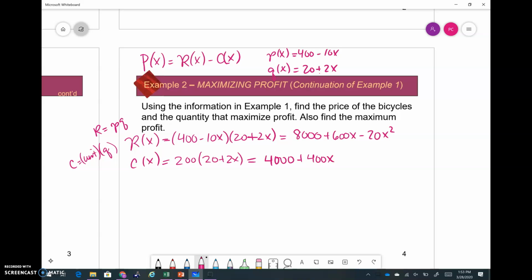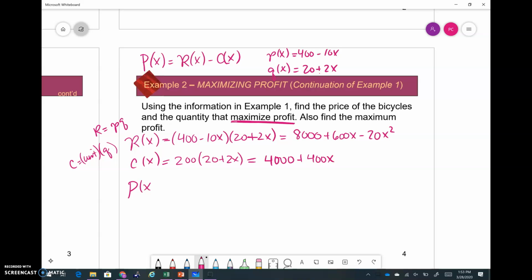Once you have revenue and cost, you can then find profit. Again, we want to maximize the profit. Whatever we're trying to maximize, that's our hint that we need to get to that equation so that we can maximize it.